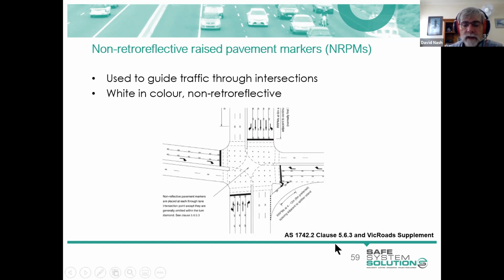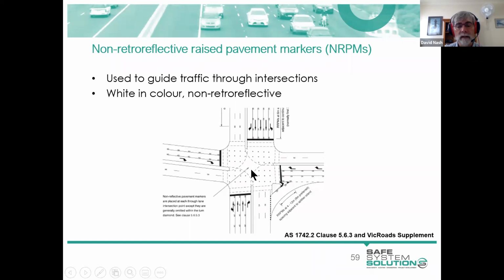This is covered in the Australian Standard and also the VicRoads Supplement, and I can't remember which one, but one of the diagrams actually shows the pattern of non-reflective markers going through the middle of the intersection as well.